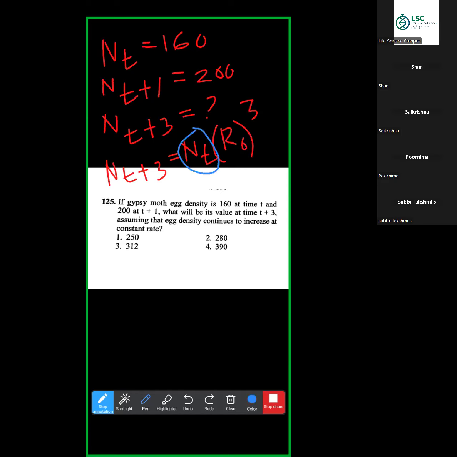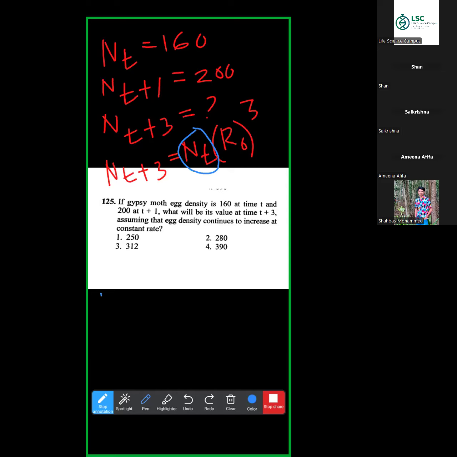What is NT? We have 160 as NT, but we don't have this R0 value. So we have to find out R0.